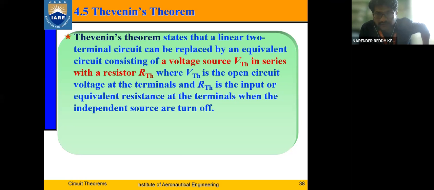Instead of calculating it for the whole circuit, only two things are required: the open circuit voltage and the equivalent resistance, and we can build a new circuit where we can directly find the voltages and currents required.